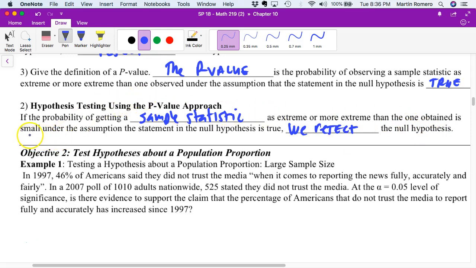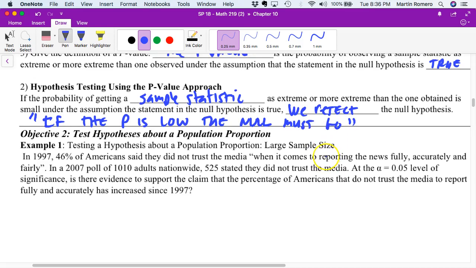And a phrase I'm going to say: if the p is low, the null must go, which means we reject the null hypothesis.